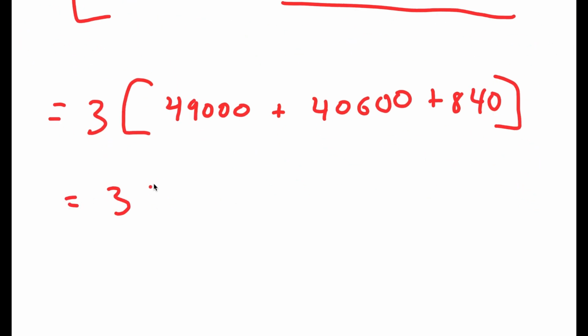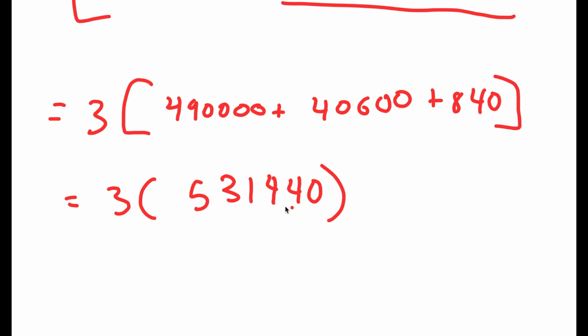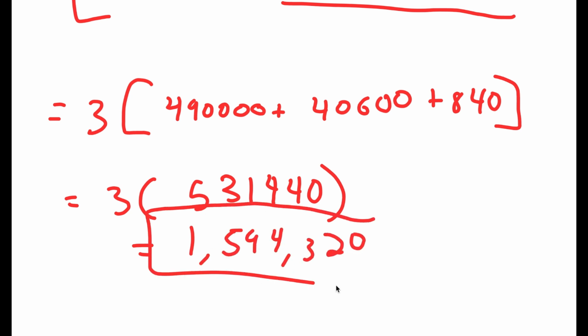And this is equal to 3 times, if you add all these up, you should get 531,440. And 3 times this is going to equal 1,594,320. So this is my answer.